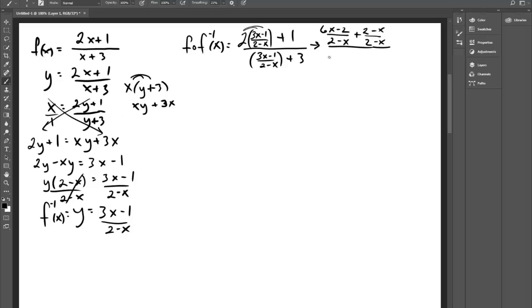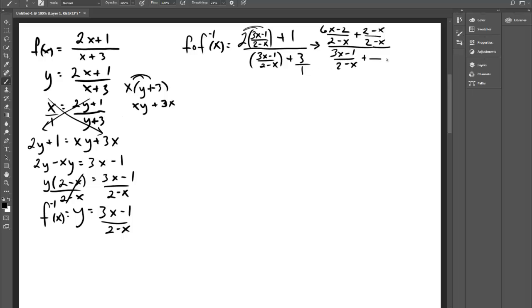Alrighty then. So this bottom one, I don't have any number here to multiply it by, so I'm just going to carry that over. 3x minus 1 over 2 minus x plus, now, 3. So remember, that's 3 over 1.